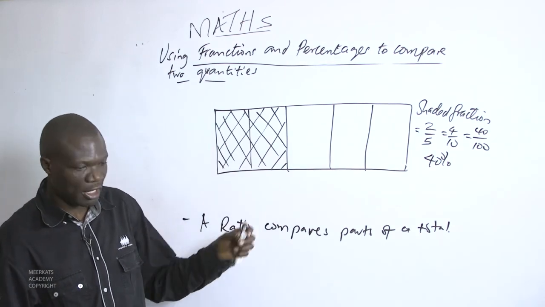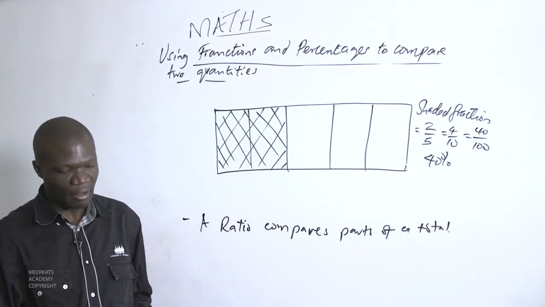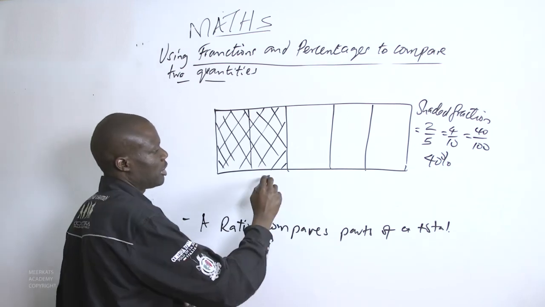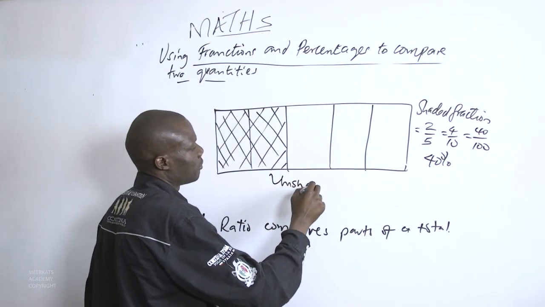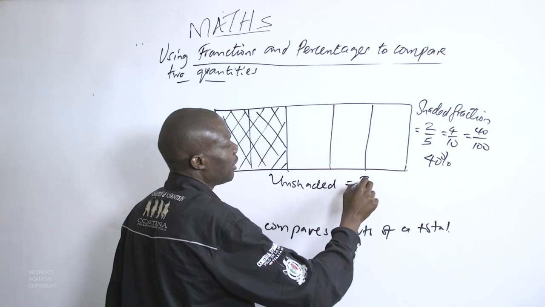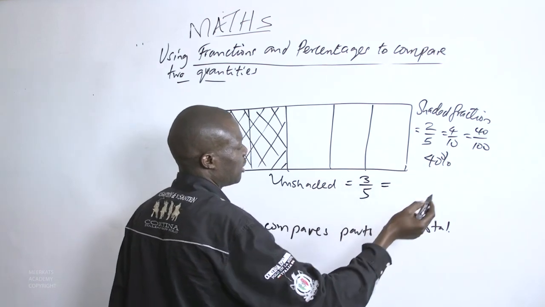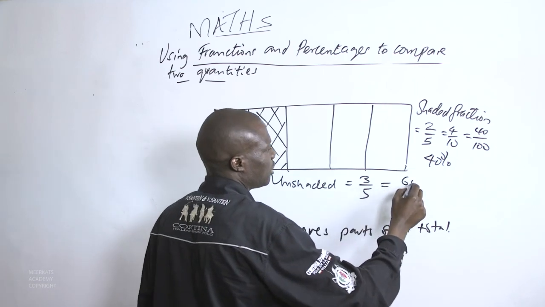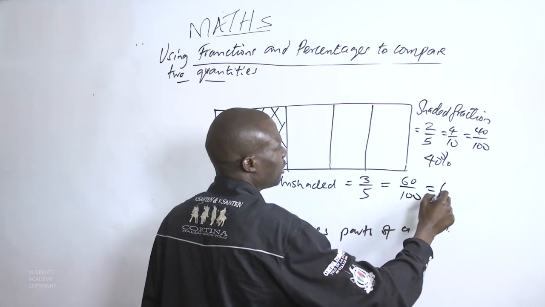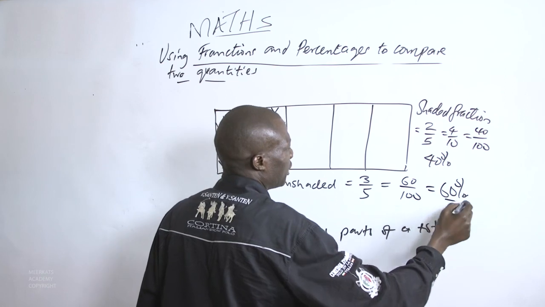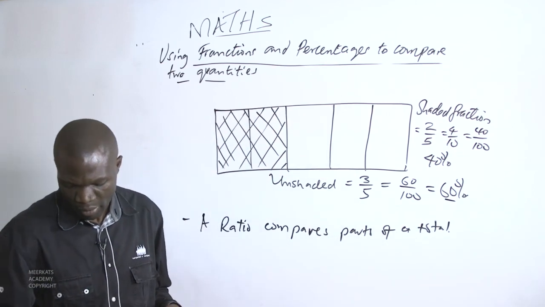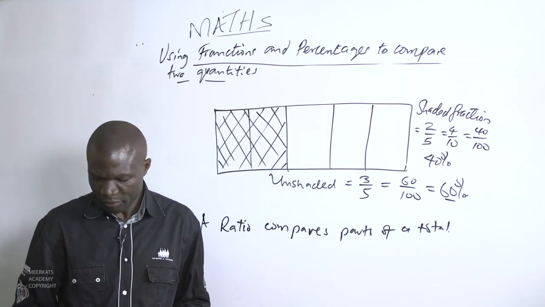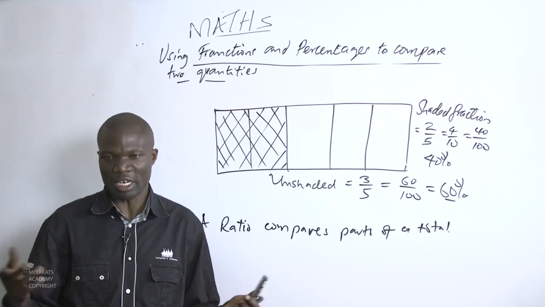For the unshaded part, we can still get the percentage. For the unshaded, it is 3 out of 5, which gives us, multiplying by 20, 60 over 100, which is 60%. This can also be done using a calculator if you want.